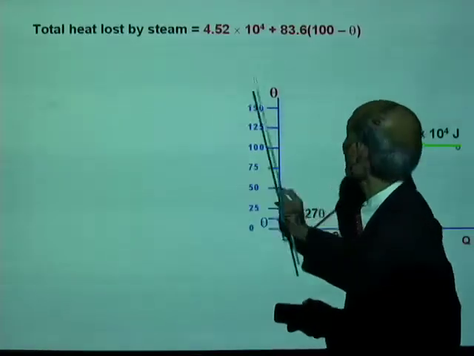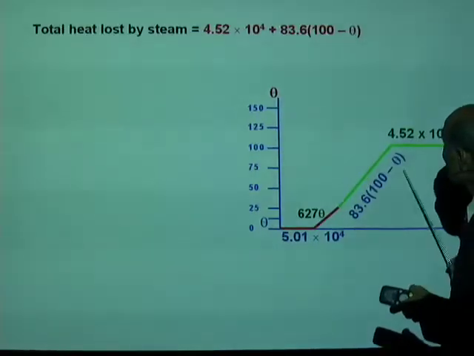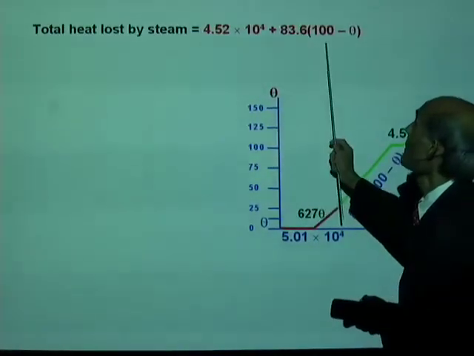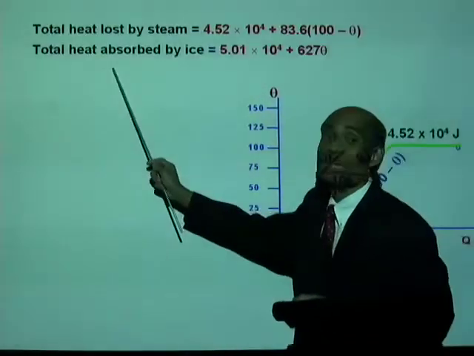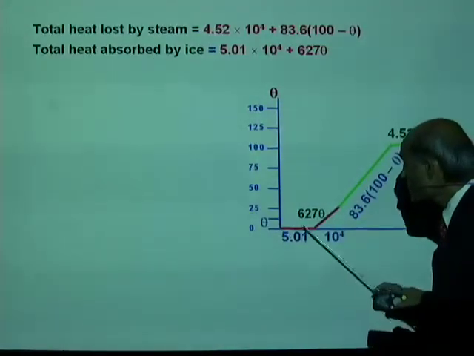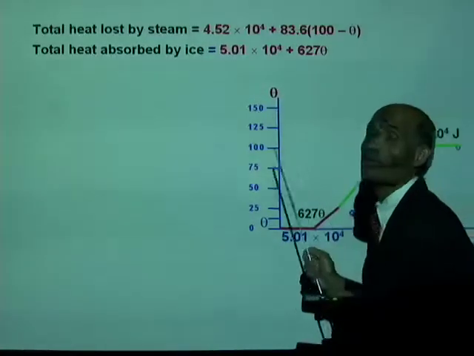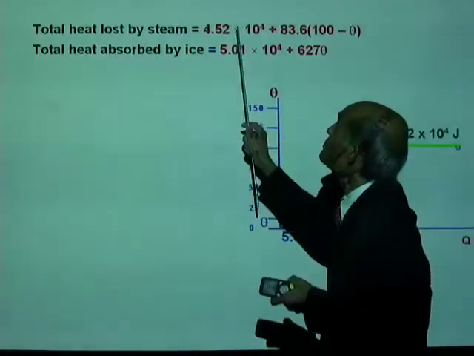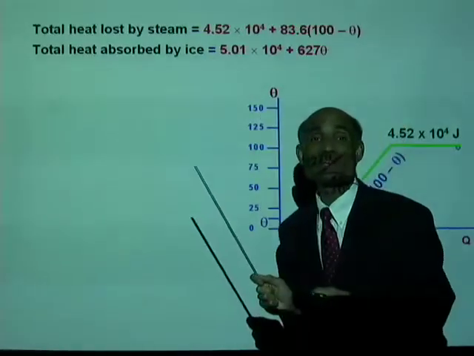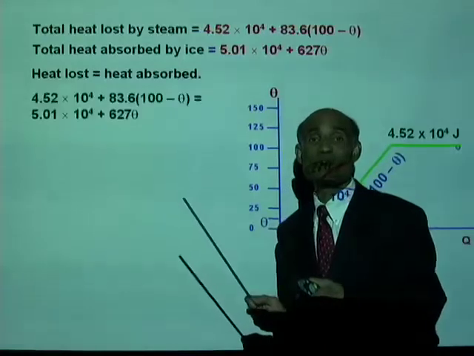Total heat lost by steam is this quantity plus this quantity. And the total heat absorbed by ice is this quantity plus 627 theta. And these two quantities must be equal to each other. Heat lost equal to heat absorbed.